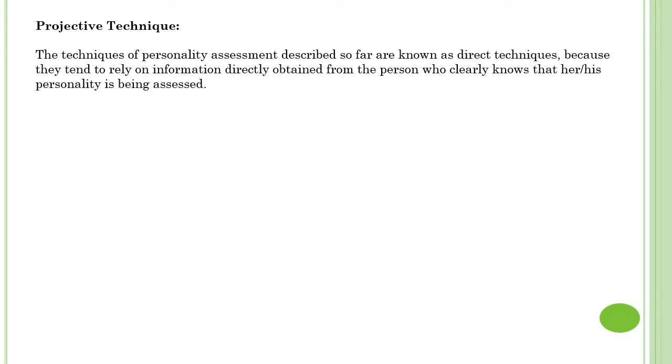If we recall the self-report measures, it is a direct method of obtaining information, where the person himself or herself has to report his or her own feelings. Looking at the questionnaires, whatever is applicable through the statement, he or she just marks it, isn't it? That is why it has been regarded as a direct technique.